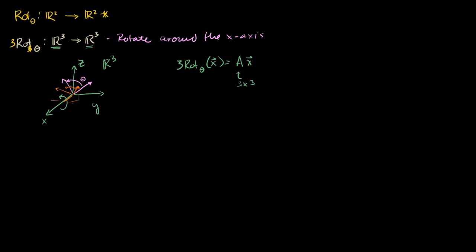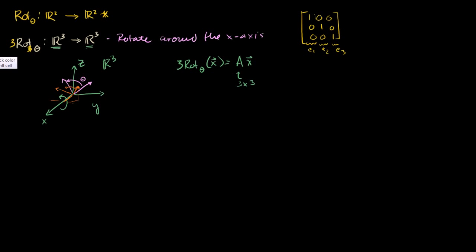So what we do is we start off with the identity matrix in R3, which is just going to be a 3 by 3. Let me draw it like, you're going to have 1, 1, 1, 0, 0, 0, 0, 0, 0. Each of these columns are the basis vectors for R3. That's E1, E2, E3. I'm writing that probably too small for you to see. But each of these are the basis vectors for R3.